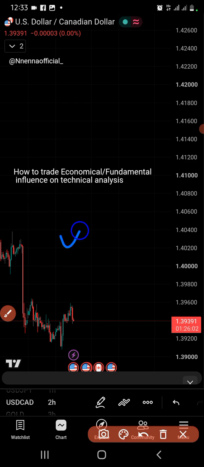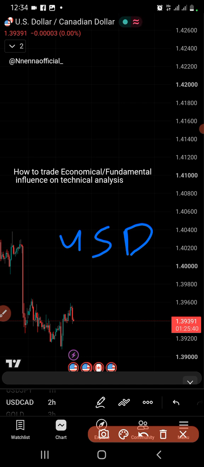For the purpose of this lesson, I'm going to be using the USD as an example. Why? Because USD is one of the major currencies that traders trade. In fact, I can call USD a universal currency. Almost every currency negotiates with USD. That's how strong they are.